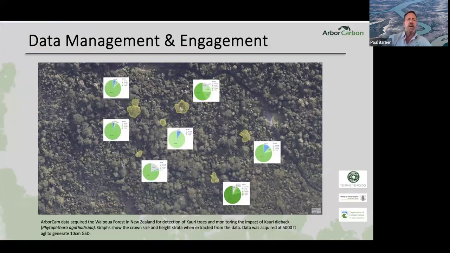So within that forest that you see here in one of our aerial images, we acquire the data, we can delineate each of those tree crowns, and then we can benchmark not only the size of those trees, but also the health of those trees. And then we monitor those over time.